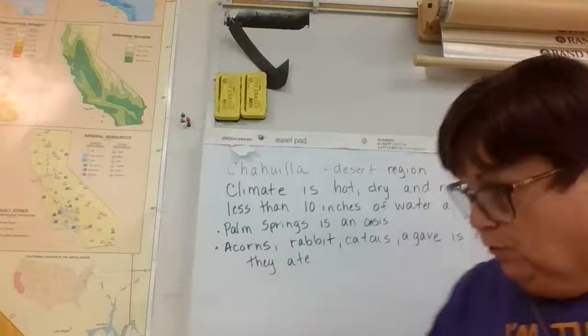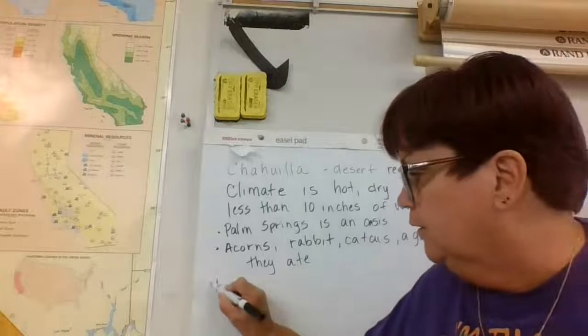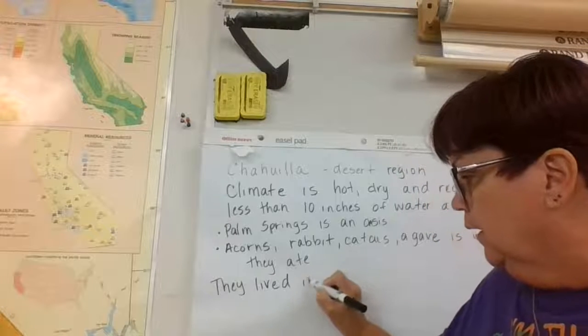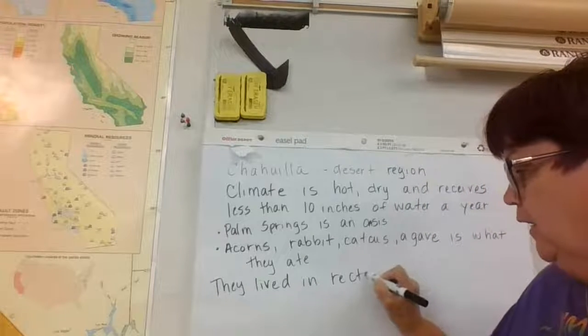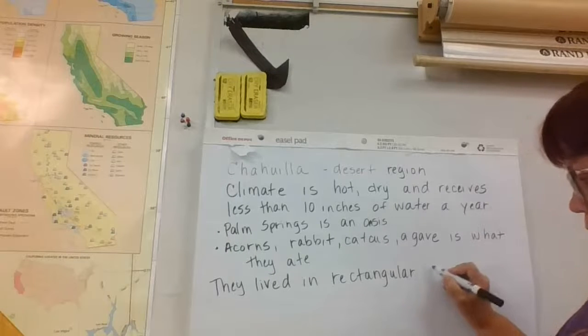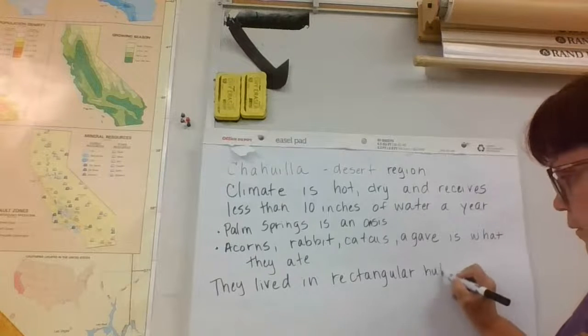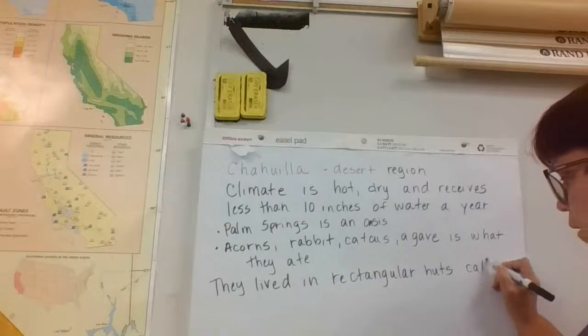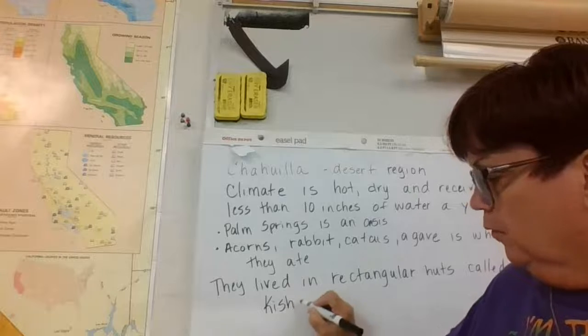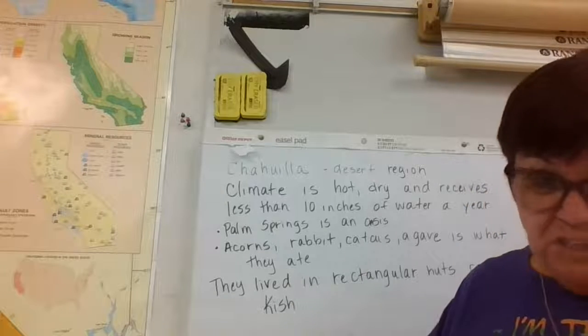Okay. They were famous. They lived in rectangular huts called kish or kishes, like fish.